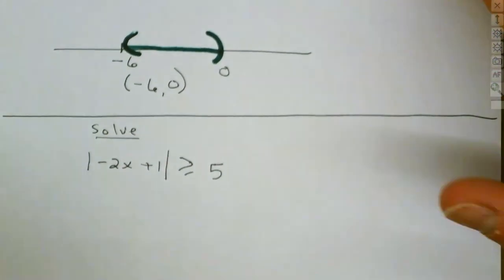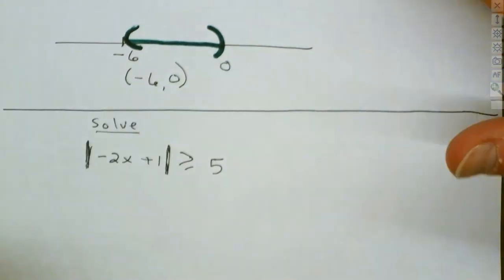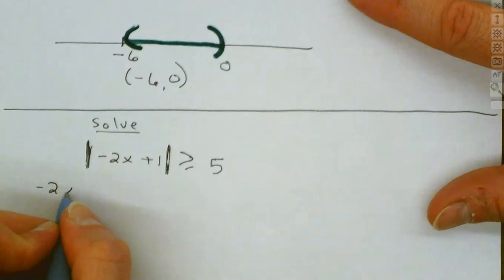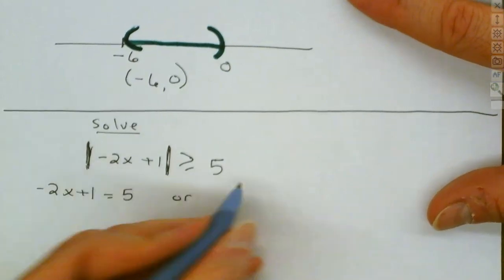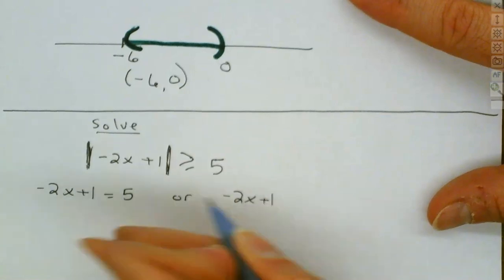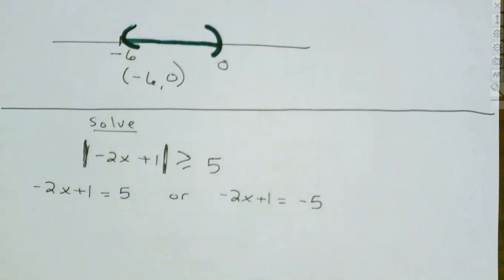Same process as we've done before. Two equations: minus 2x plus 1 equals 5, or minus 2x plus 1 equals a negative 5. Work these out.